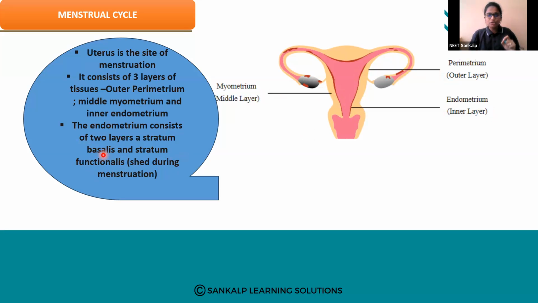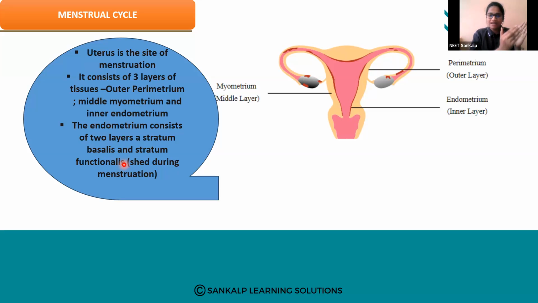The inner layer of the endometrium is the stratum functionalis. Remember, the endometrium is an inner layer. This stratum functionalis will usually shed during our menstrual cycle. The wall is thickened due to blood vessels and nutrients, so that has to shed, meaning the uterus should come back to its original shape and size.